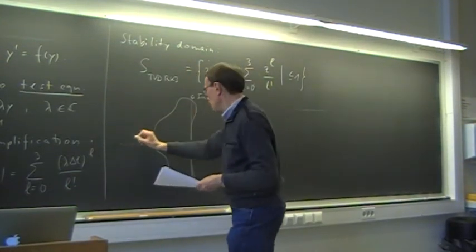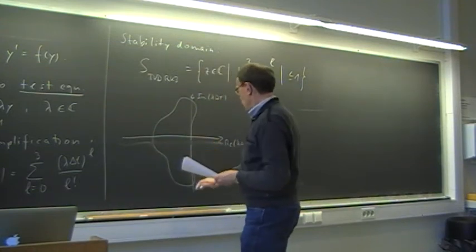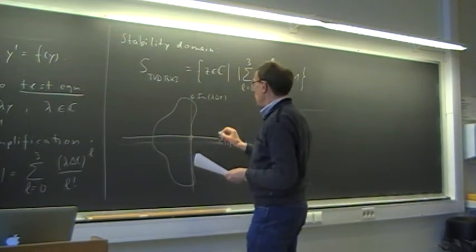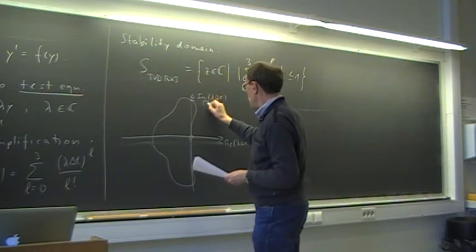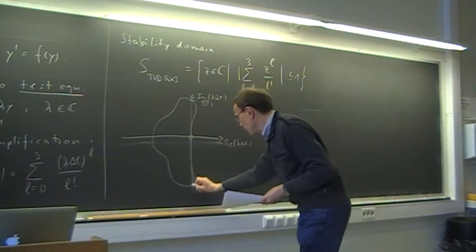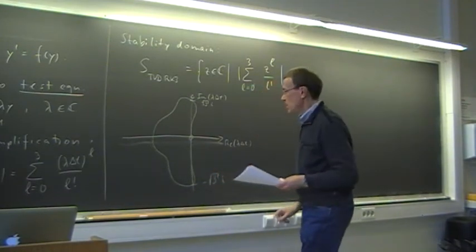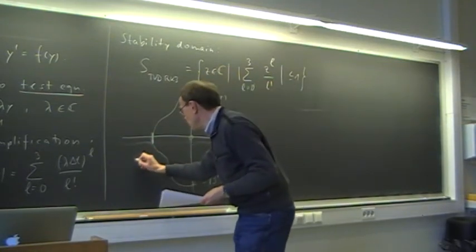Here it does not look like, but it should be symmetric. So here we have the origin. Here we have, it turns out, this value is square root of 3 times imaginary unit. This value here is minus square root of 3 times the imaginary unit.